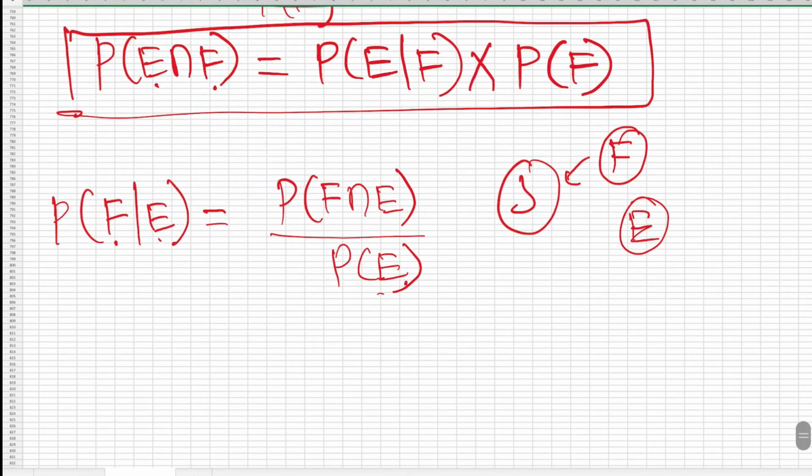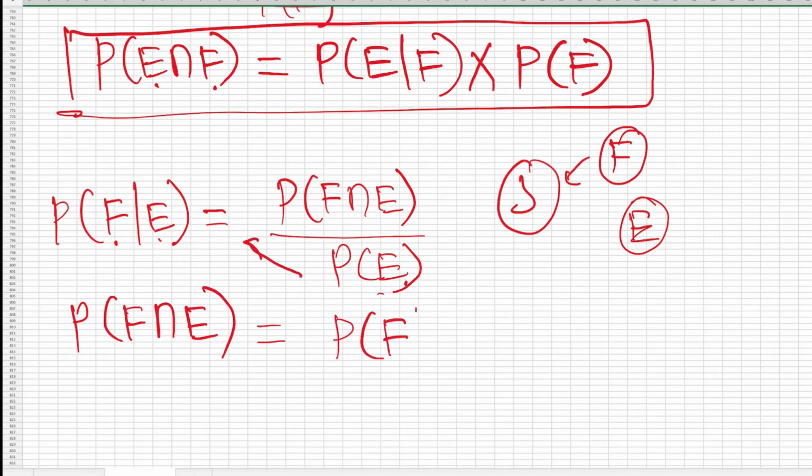Last time F was given, this time E is given, so we divide the common probability of F and E by the probability of E. Again manipulating this formula, P(E) goes to the other side, and we get the probability of F given E multiplied by P(E).